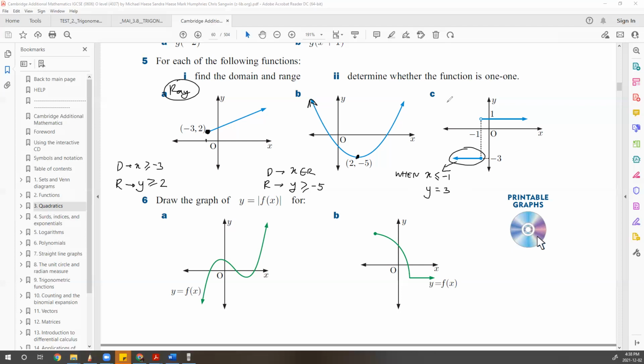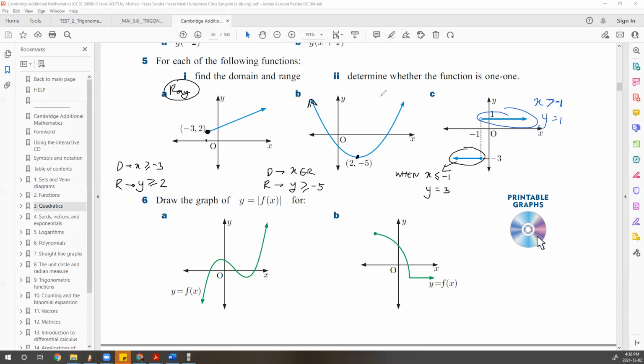And the second condition, so you have to write it twice. When x is more than -1, why don't I put the equal sign? Because it is empty. See, when x is more than -1, the y is equal to 1. That's how you think of number 5, the domain and range, I mean.